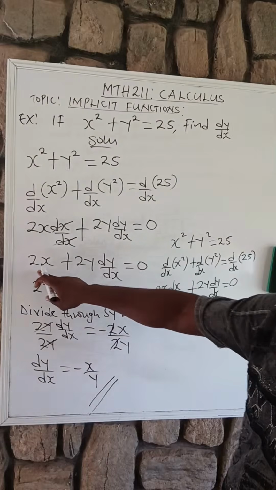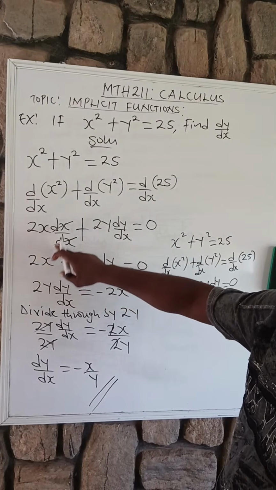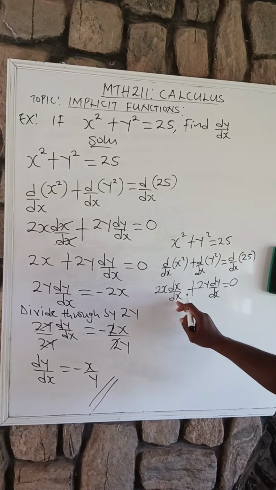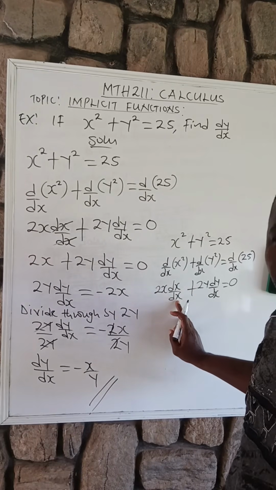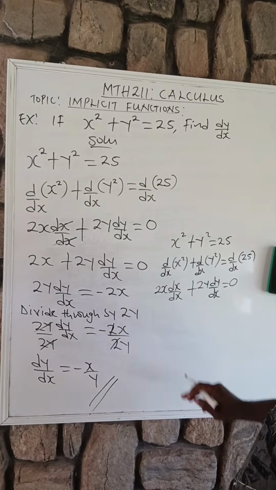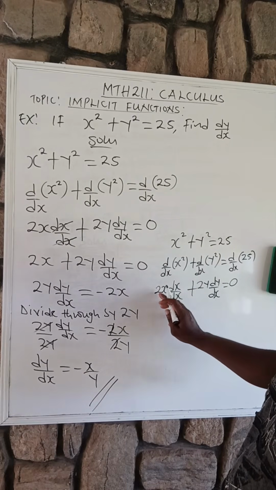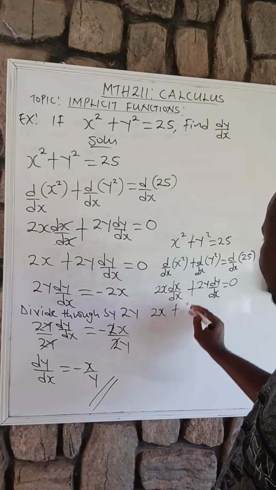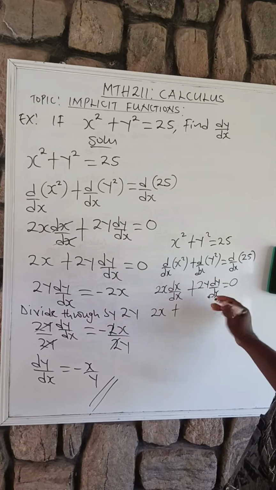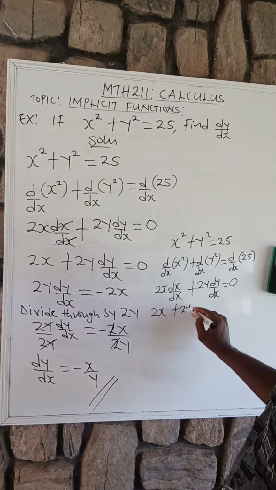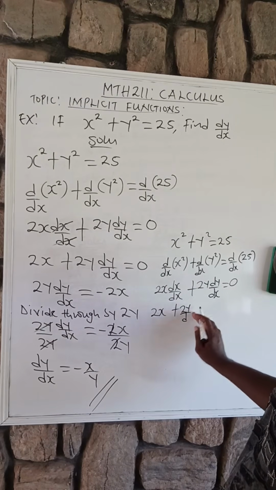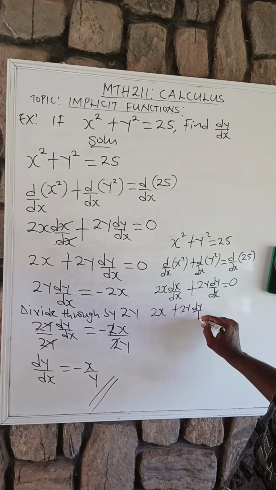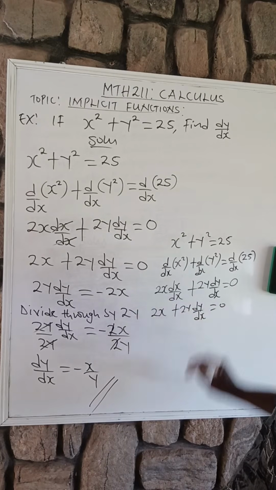Then here, at this point, the reason why we have 2x is because the dx divided by dx, is it not 1? It's 1. True or false? So here, 1 times 2x, that is why we have 2x plus, this and this cannot cancel, 2y dy all over the x equals to 0.